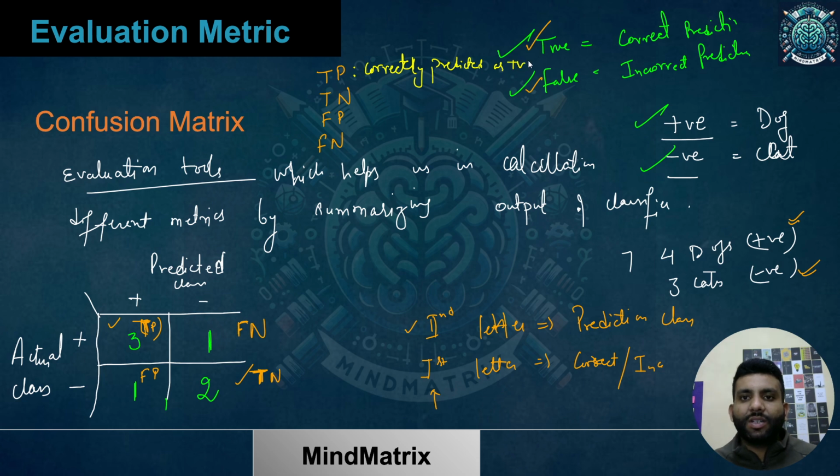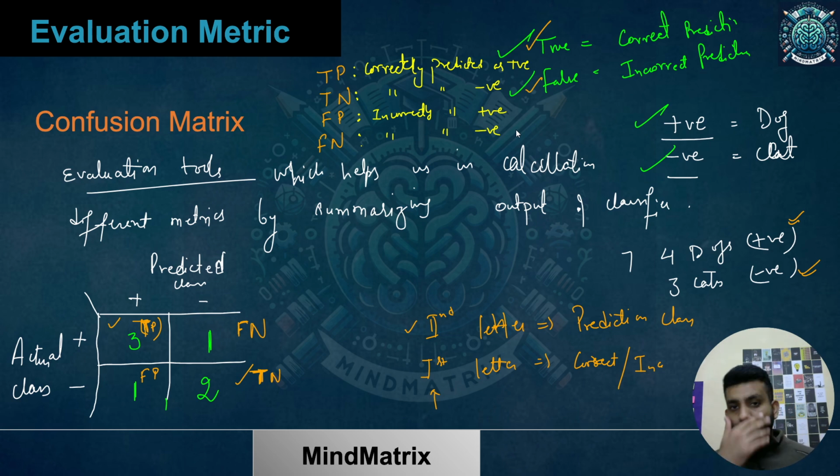What does true negative mean? Correctly predicted as negative class. False positive means incorrectly predicted as positive class. And what is false negative? Incorrectly predicted as negative class. Because the prediction is wrong and the prediction was negative class. So that's false negative. I hope the idea is clear.